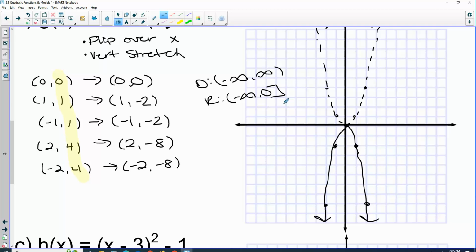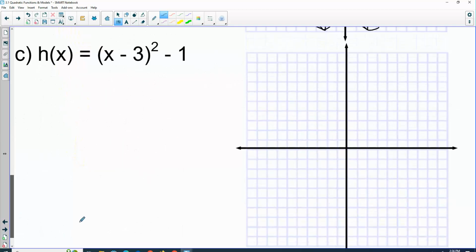Right. Try one more. You guys sketch that graph for me. Everybody should be able to do that. Sketch domain and range.